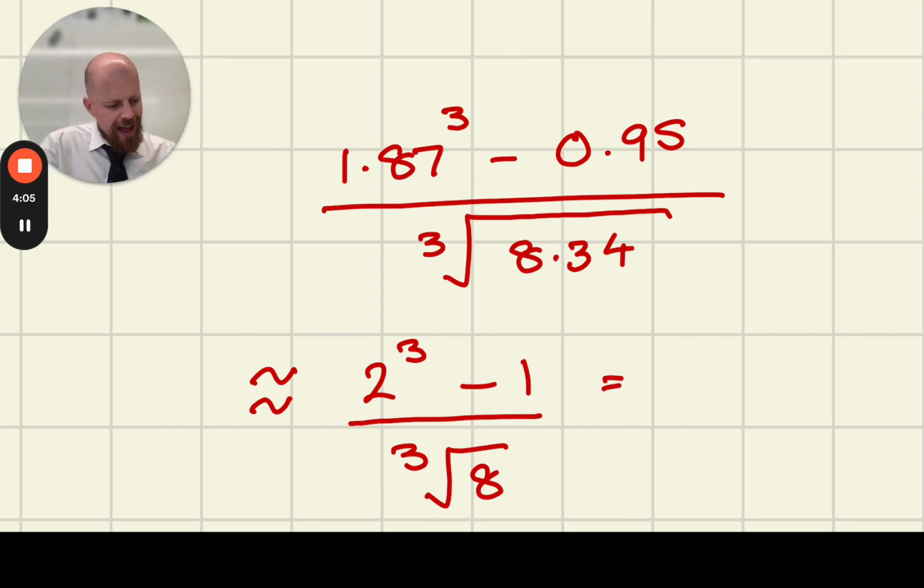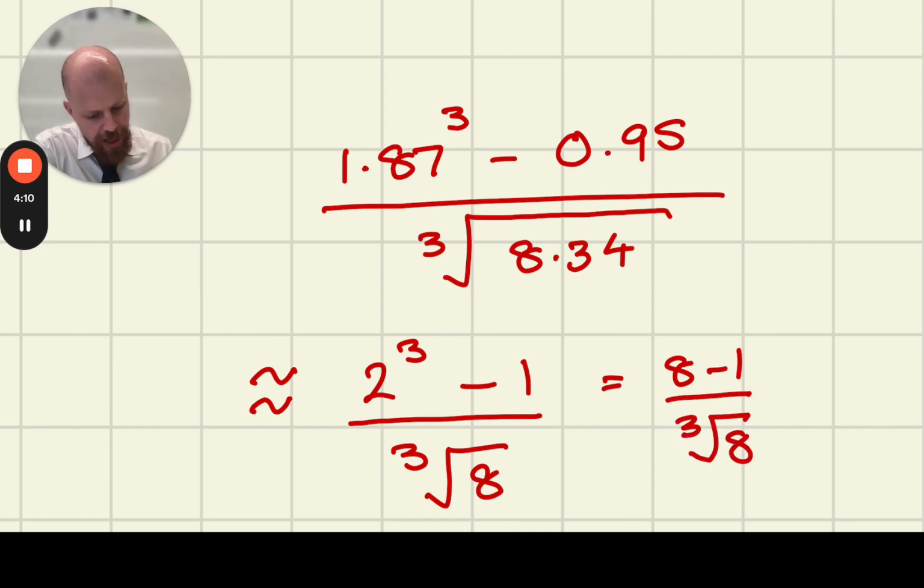So I'll get 8 minus 1 over the cube root of 8. 8 minus 1 is 7, divided by cube root of 8 is 2, so I get 3.5.